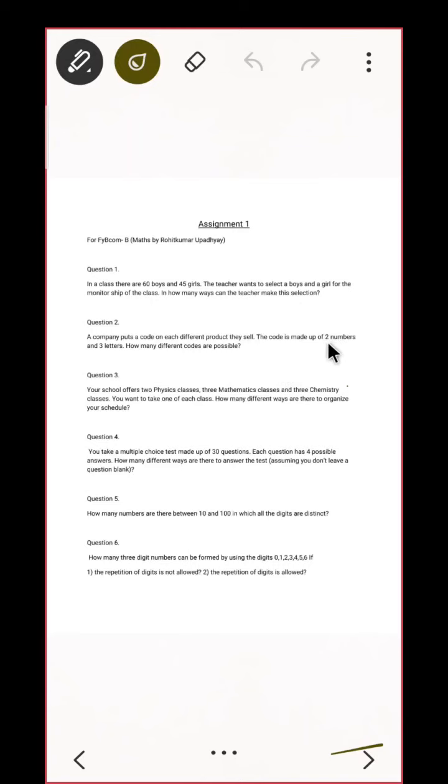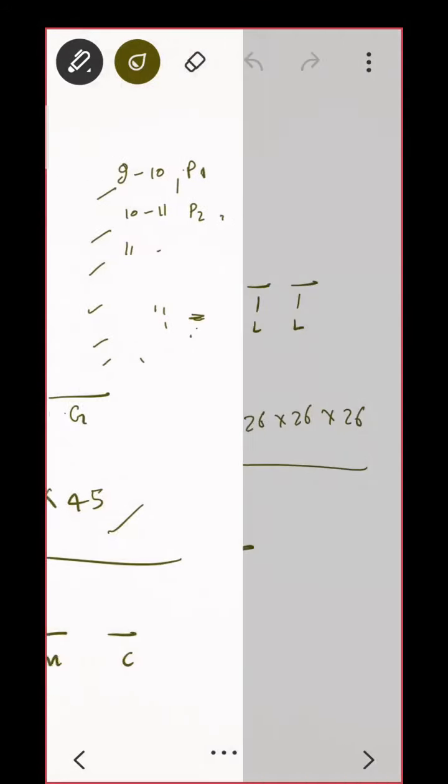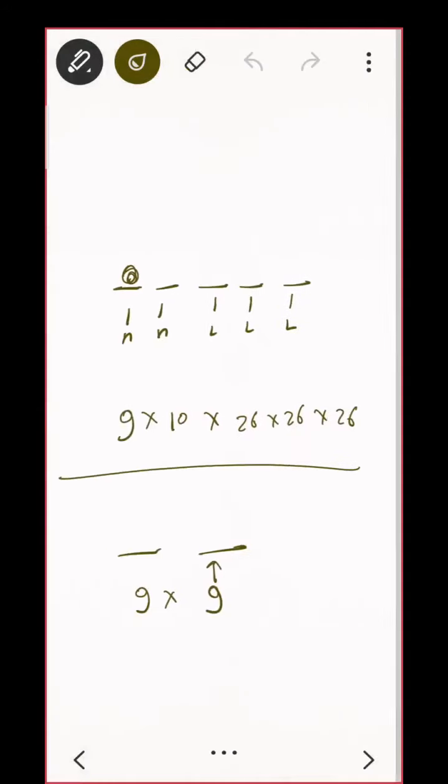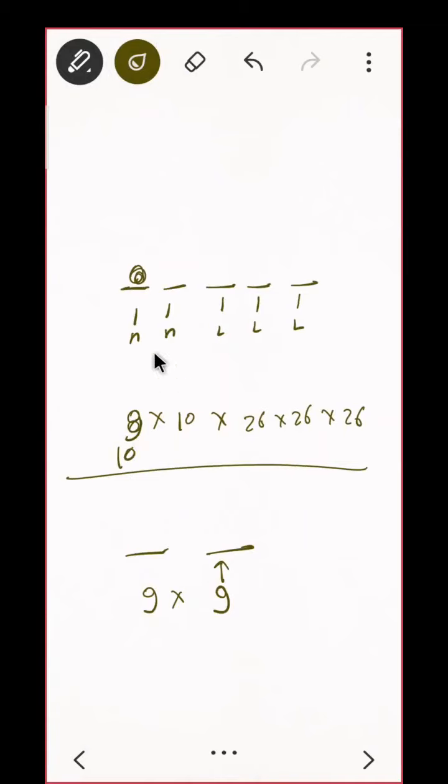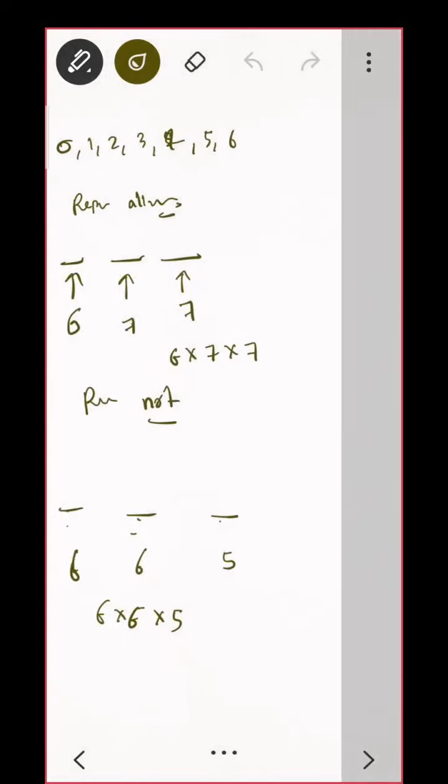That will be 10 into 10. Okay, 10 into 10 into 26 into 26 into 26. Correct? They have not mentioned it here. Perfect. Yes, this one only. This is 10 into 10. They are not asking about a two-digit number.